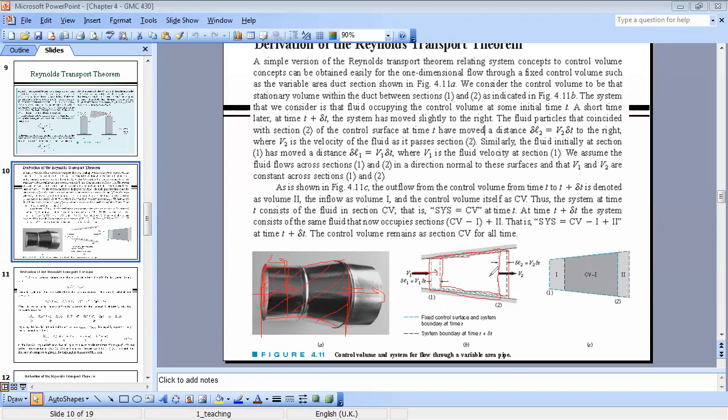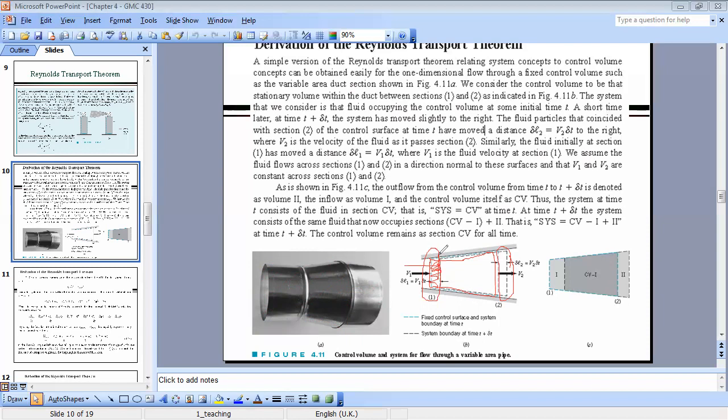How? Because now the control system is the old part, old part minus this one and plus this one. Why? Because particles moved a certain distance. They will not occupy the space anymore.